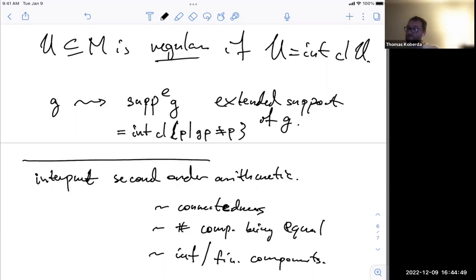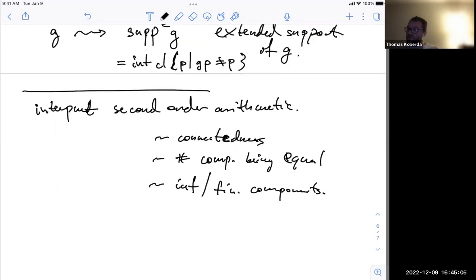Okay. So then one can interpret arithmetic. One starts with first order arithmetic. You first start by defining, you build some collection of regular open sets, X inside of N, and then you define some definable properties, which I won't get into.